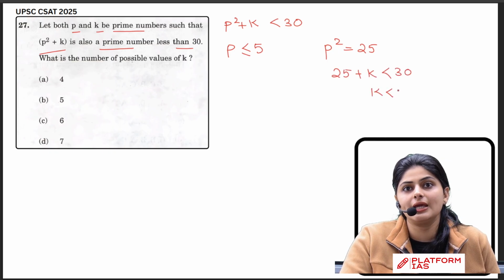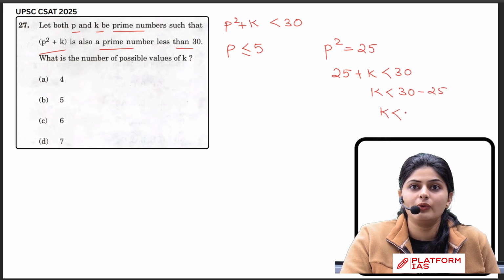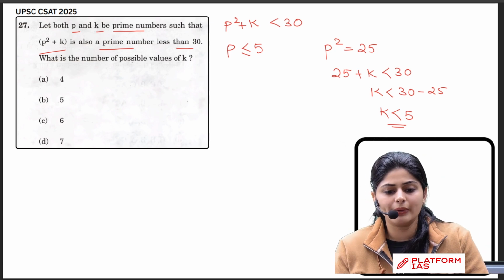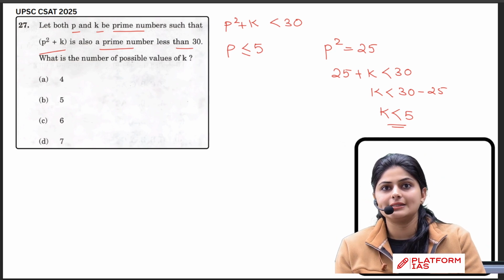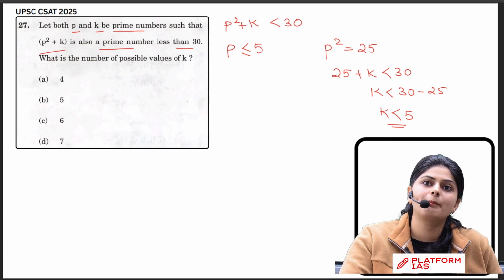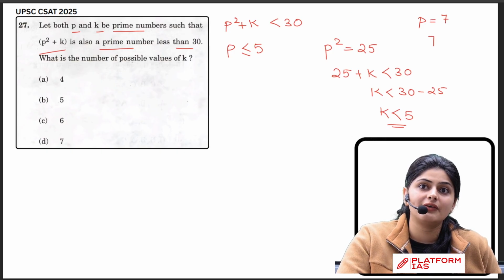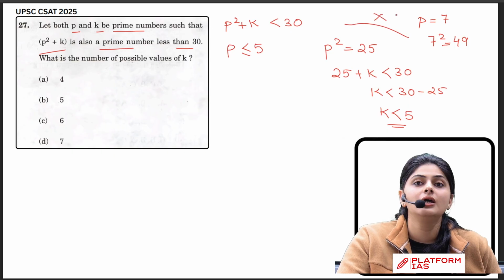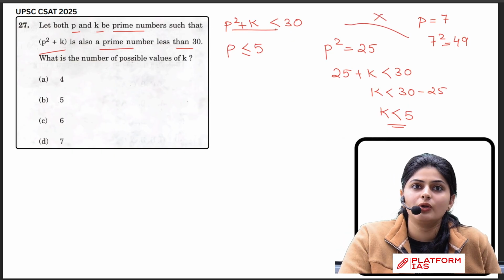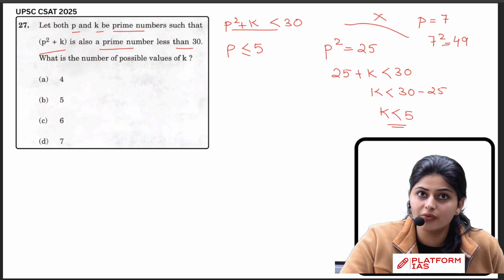This gives me k is less than 30 minus 25, so k will be less than 5. So p will always be less than or equal to 5. But if we take p, the next prime number is 7. So 7 square will be 49 and this condition will not be valid then. So p will always be less than or equal to 5.